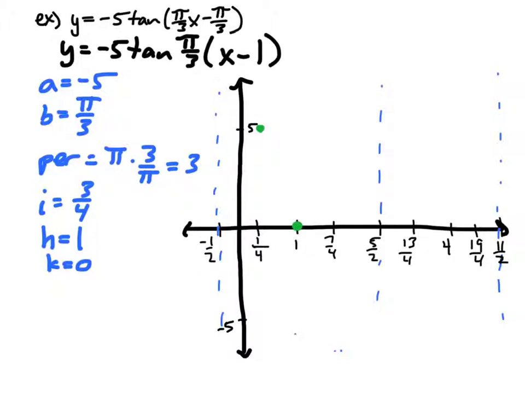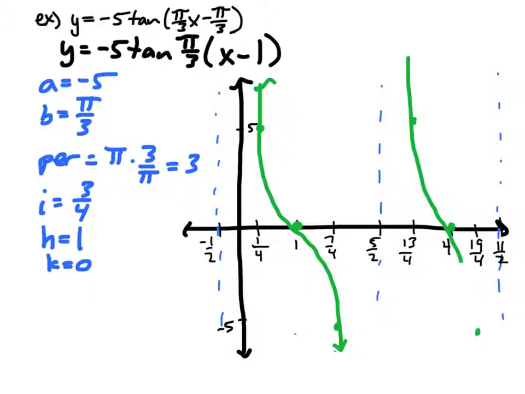So the H was 1, K was 0. 7/4, negative 5. And then just repeats itself in the next period. Yeah, this graph falls through because it's a negative tan. Okay, and that's how we graph the tangent function with transformations.